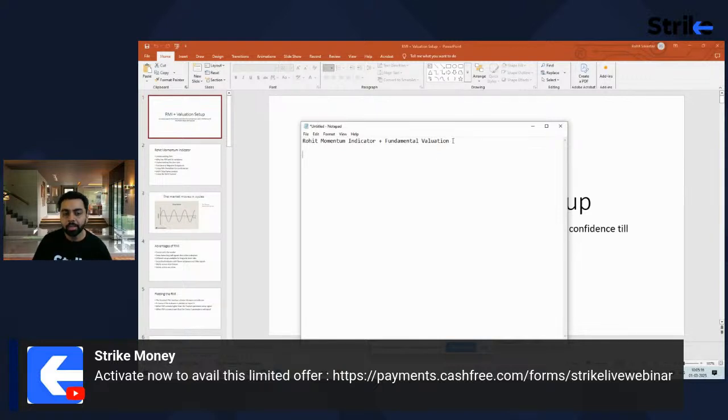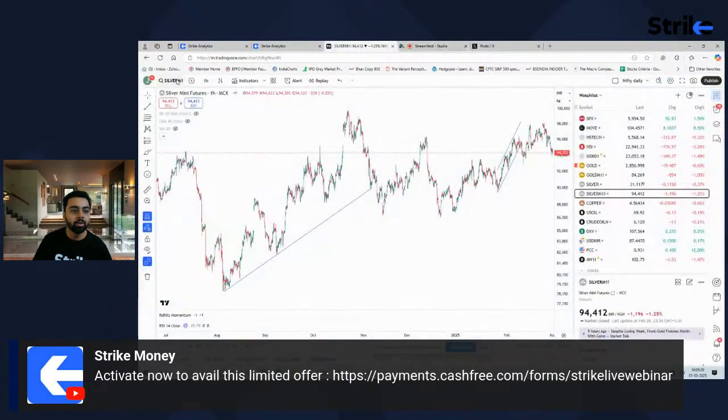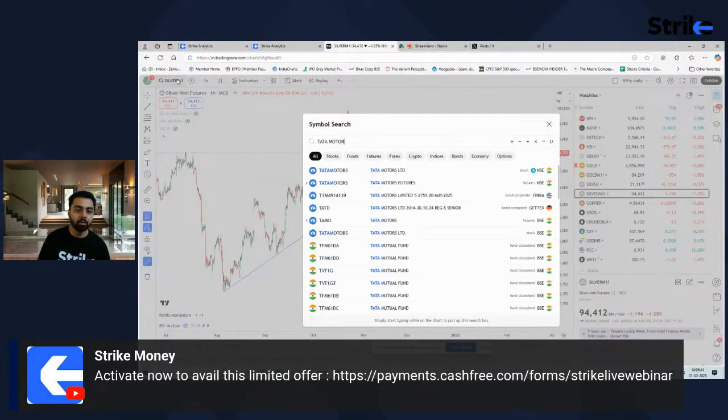You must have seen many times that we say this is a value stock, it has very little downside, but we are always surprised by the way stocks get beaten down even after thinking that, okay, fundamentally they are very cheap. One of the examples was basically Tata Motors.